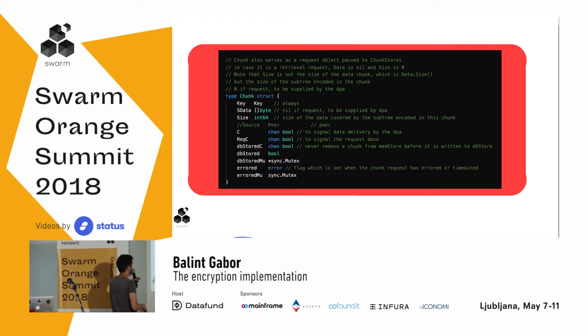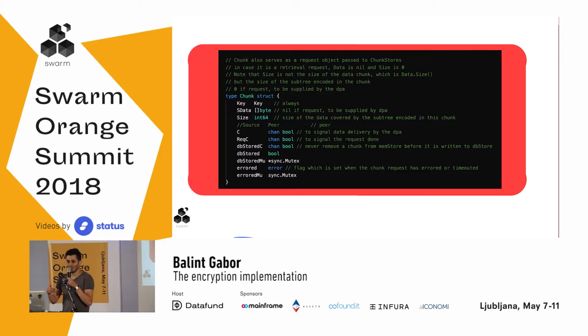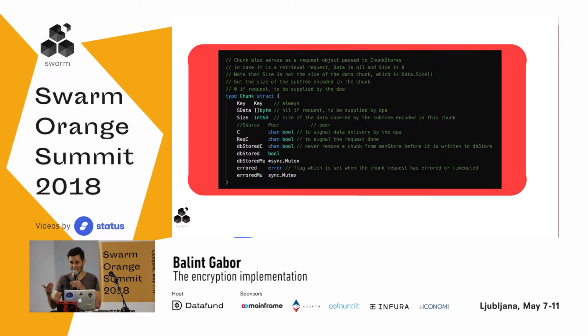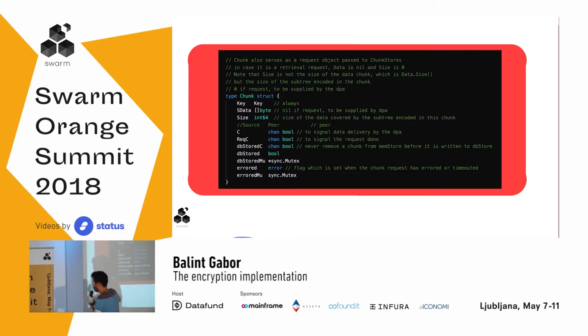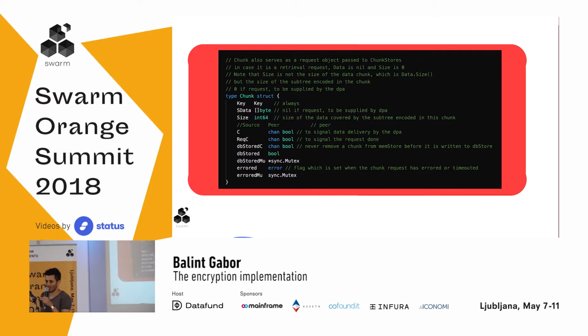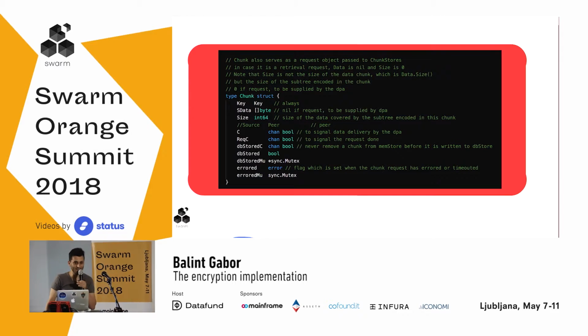This is the chunk in the code, and if you know the Go language, then you know that in Go, whether a field is public or not is defined by whether the first character is lower or uppercase. So because SData, which is the actual content of the chunk, including the span and the data, is capitalized, it's a public field, and I have to tell you that overall in the Swarm code, this SData is written manually.